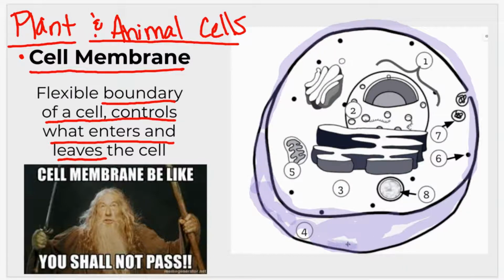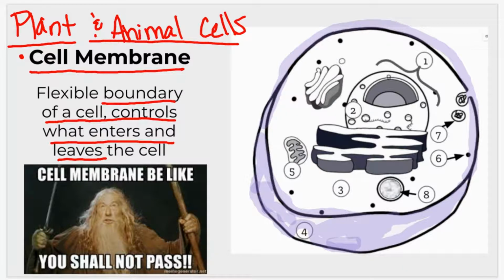For those of you familiar with Lord of the Rings, the cell membrane is sort of like Gandalf. It is the gatekeeper. It determines what will enter and leave. Picture the moment where the demon Balrog is getting ready to cross the bridge. They're in an underground cave. Gandalf is trying to stop the demon. He's told all of his traveling companions to run.